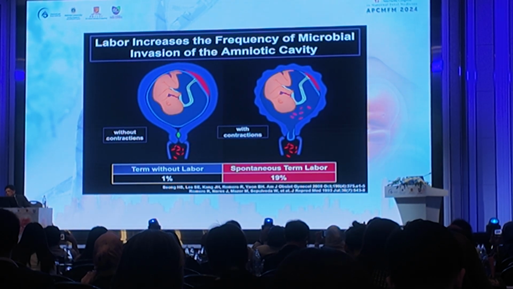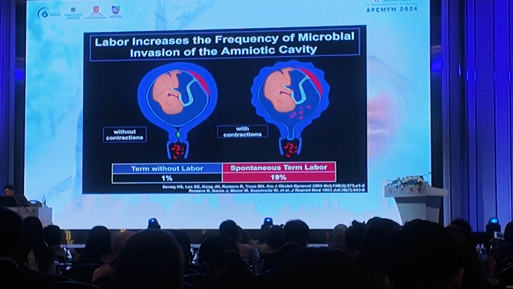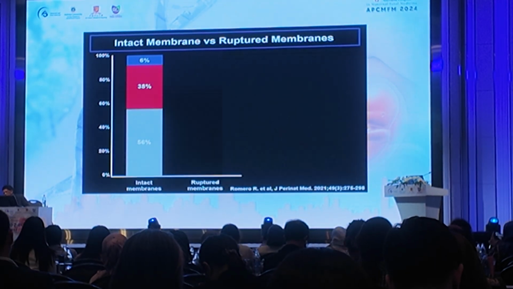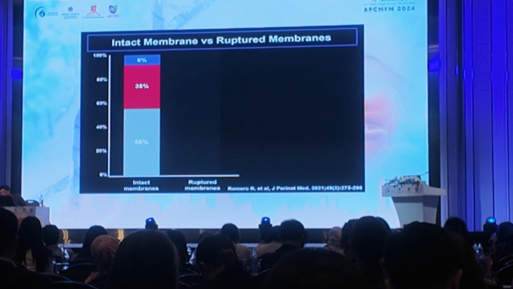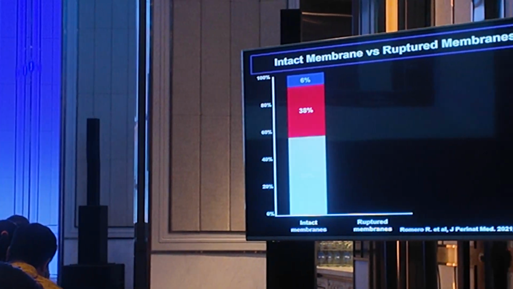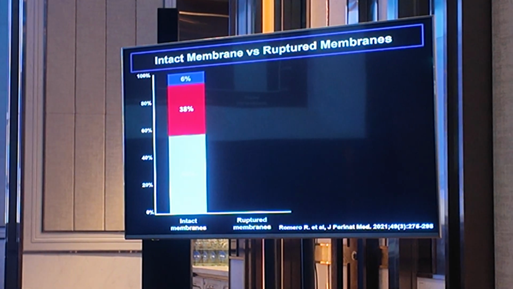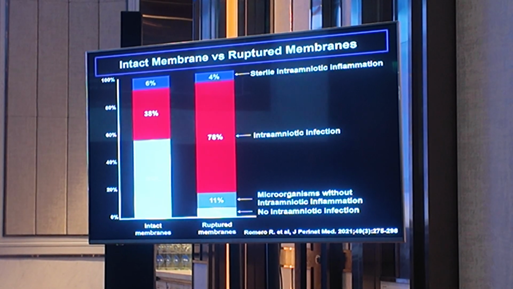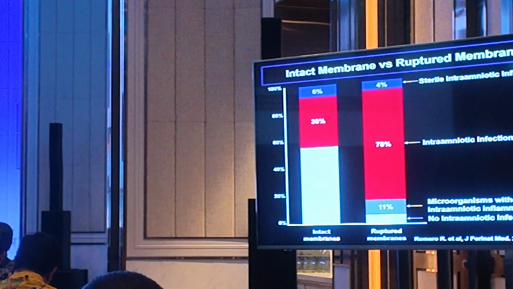And the frequency of bacteria in patients who are in spontaneous labor at term is 19%. Now, the status of membranes matters a great deal because in patients who have clinical chorioamnionitis, the frequency of bacteria is 78% when the membranes are intact, but almost 80% in the presence of ruptured membranes.